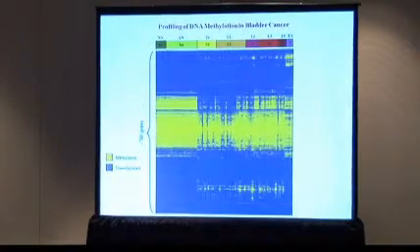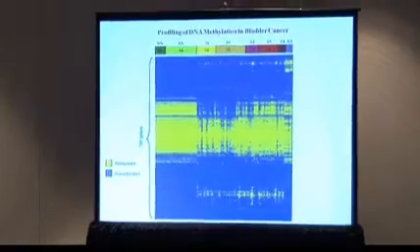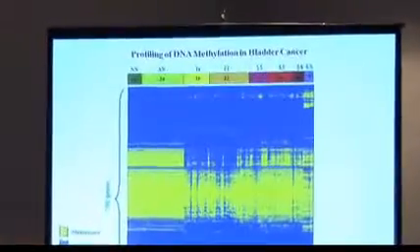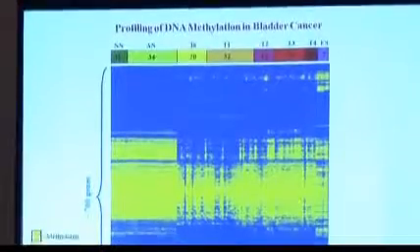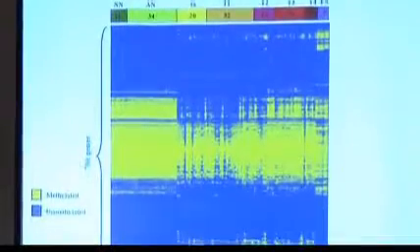The next is adjacent normal, which we also call normal-appearing tissue, from patients with bladder cancer. Next, based on stage, we have non-invasive tumors, Ta and T1, and invasive tumors, T2 to T4. The last row is the ES cells, because we also want to see whether this kind of methylation change somehow mimics the ES cell methylation pattern or not.